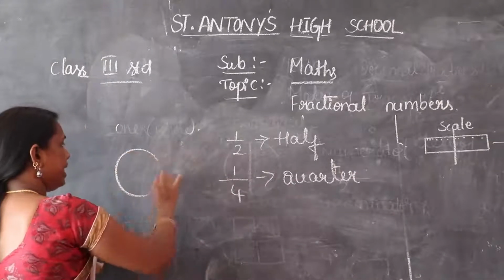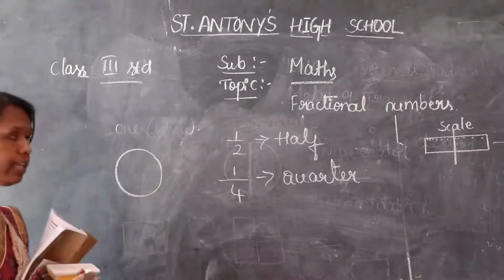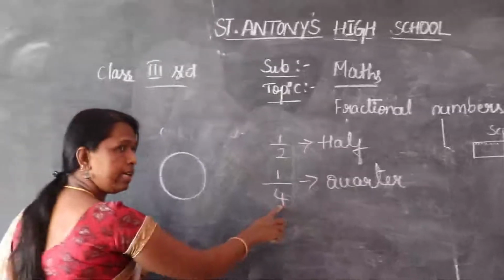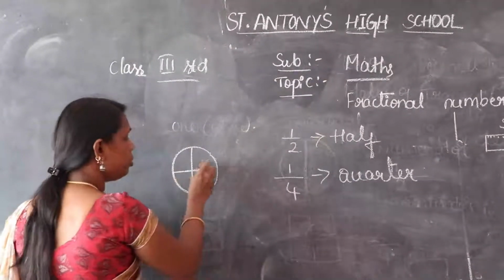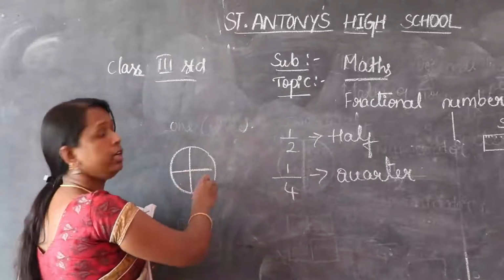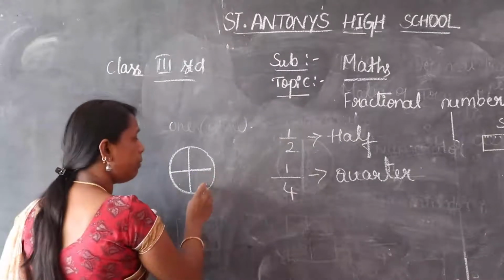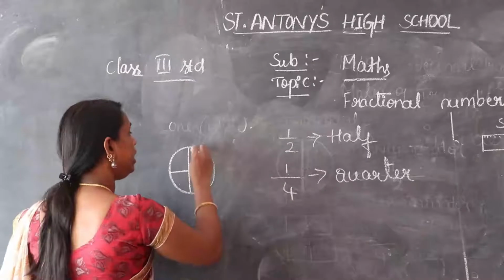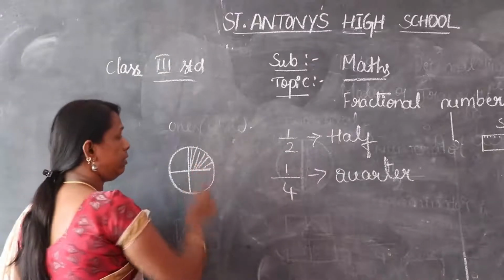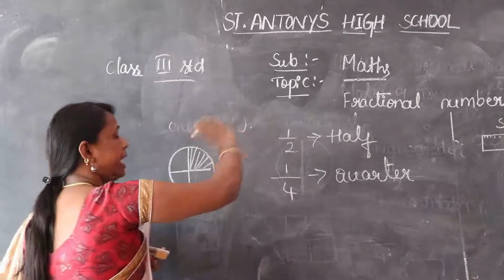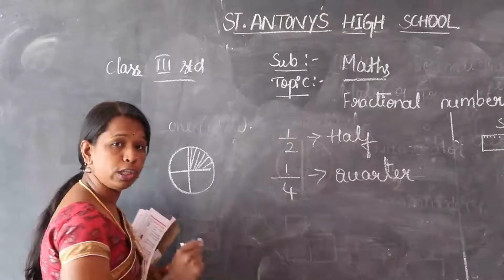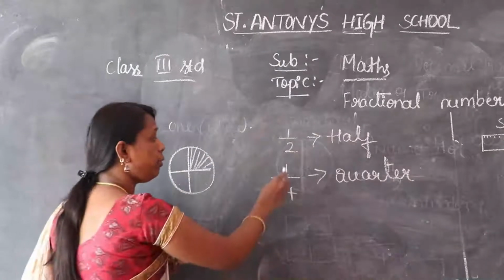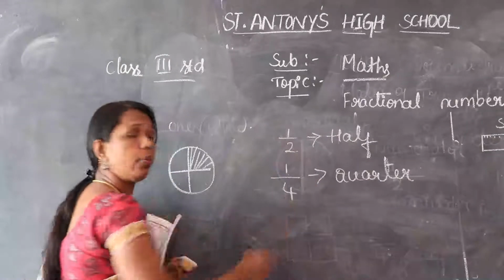If we take this same pizza cut into 4 equal parts, the denominator is 4, 1, 2, 3, 4. The total number of parts is 4, but the shaded part is only 1. If we take one piece of pizza, that is 1 by 4th part, called a quarter.